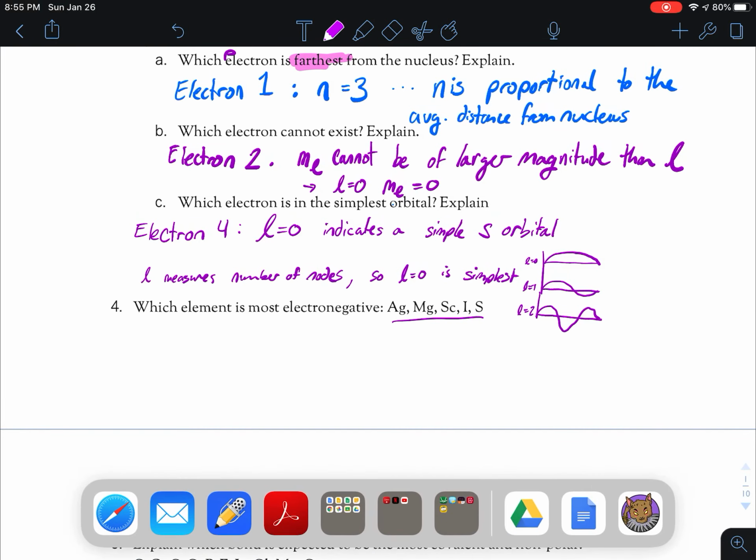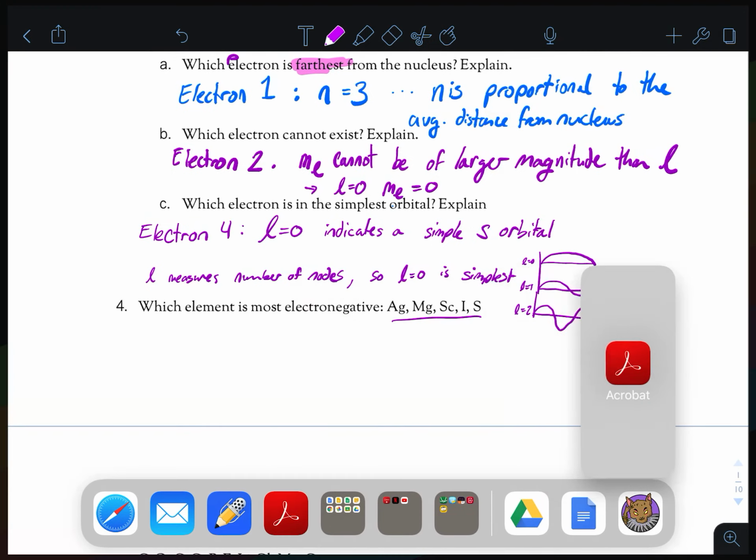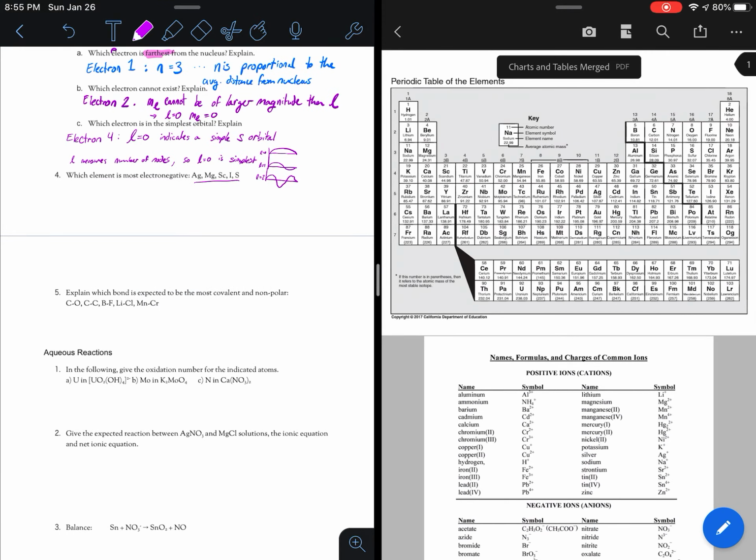Anyways, which element is most electronegative? So I'm going to need that periodic table back. So let's see if I can pull that up. So I've got silver over in the middle of the back end of the d orbitals. I've got magnesium a couple rows up over in the alkali metals. I've got scandium.